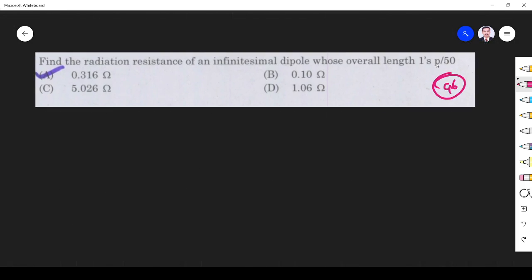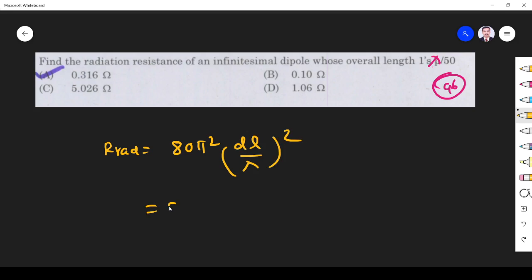Find the radiation resistance of an infinitesimal dipole of overall length lambda by 50, not p by 50. It should have been lambda by 50. We know R radiation is 80 pi squared into (dl by lambda) whole square.